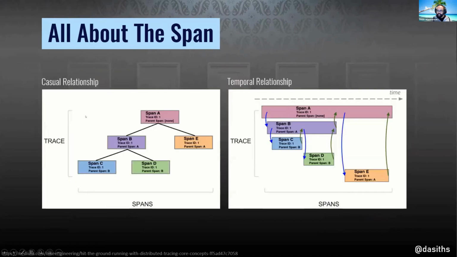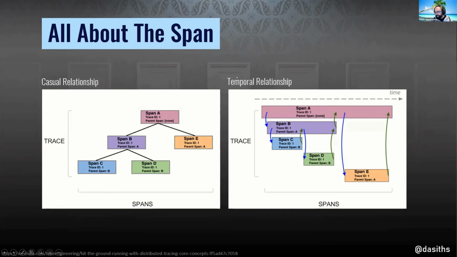There's the causal relationship, which is what was in the previous slide, where you've got the parent span, then the children. Take notice of how the child spans have the same trace ID, because it's the same trace, but have different parents. This information is propagated through that context propagation mechanism. I'll show you examples again.